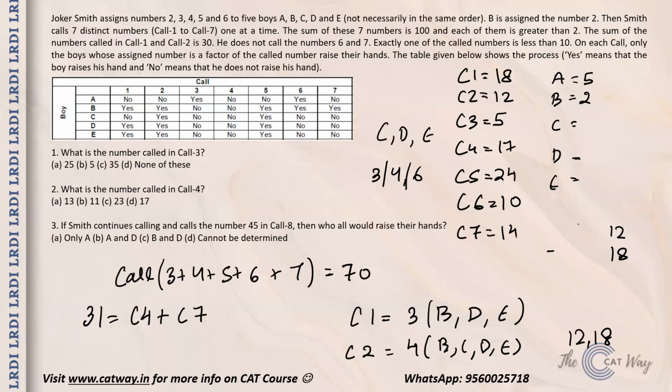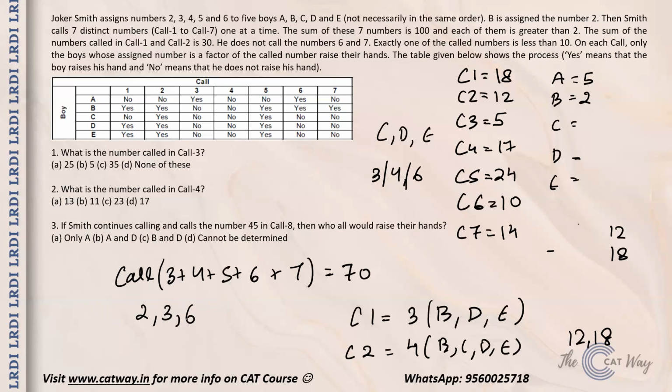Now one thing that we have to identify is which person was given which number. If you talk about numbers 1 and 2, for C1, which is 18, the hands have been raised by 3 people, and those people would be numbers 2, 3, and 6.